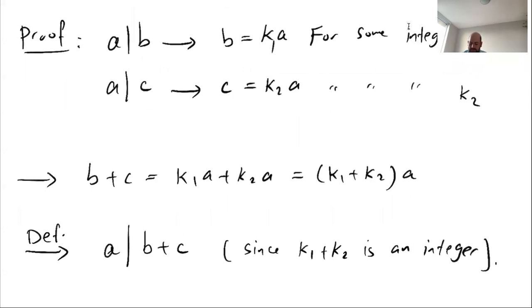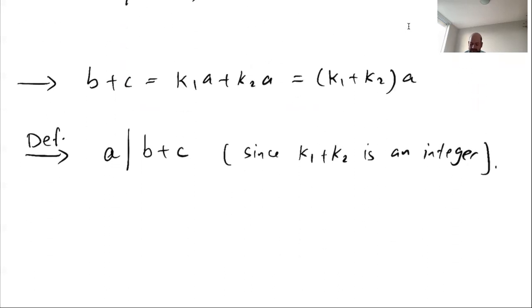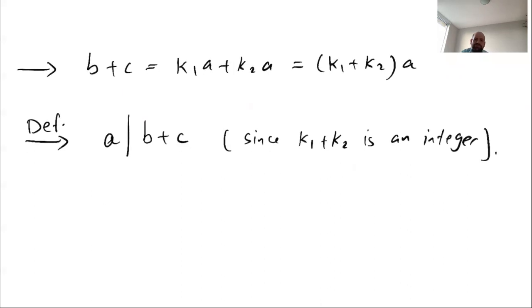If B plus C can be written as some integer times A, then that means A divides B plus C. And K1 plus K2 is an integer, because K1 and K2 were supposed to be integers. Therefore, B plus C we wrote as an integer times A, which means A divides B plus C.